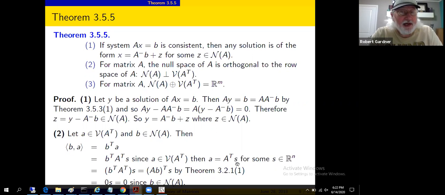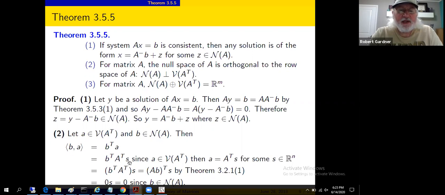By taking that matrix and multiplying it on the right by a vector. The components of that vector, call it s, are the coefficients of the columns of A transpose that produce a. Since a is in the column space, it's a linear combination of the columns of A transpose and can be written like this for some linear combination. Collect together those coefficients in a vector and call it vector s.